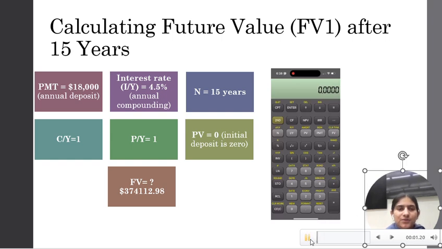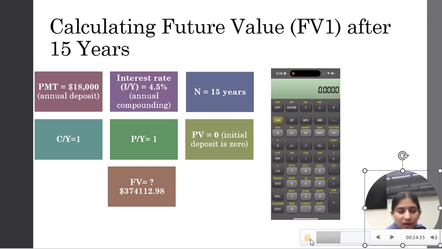So now I use the BA II Plus calculator to calculate this. First, I entered the values N 15, I/Y 4.5 annual interest, PV is 0, and PMT $1,800. Then I calculate the future value.